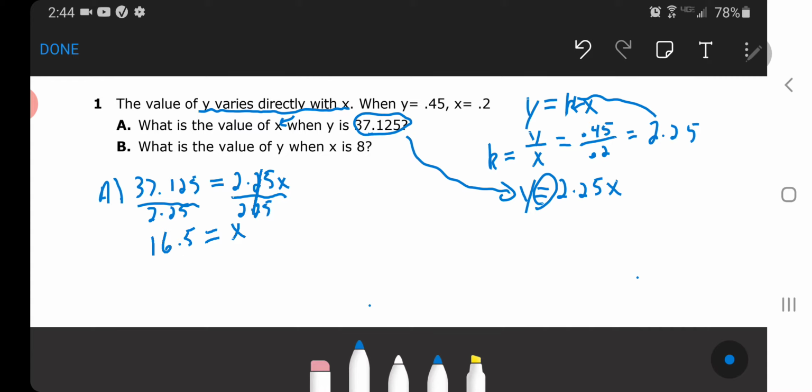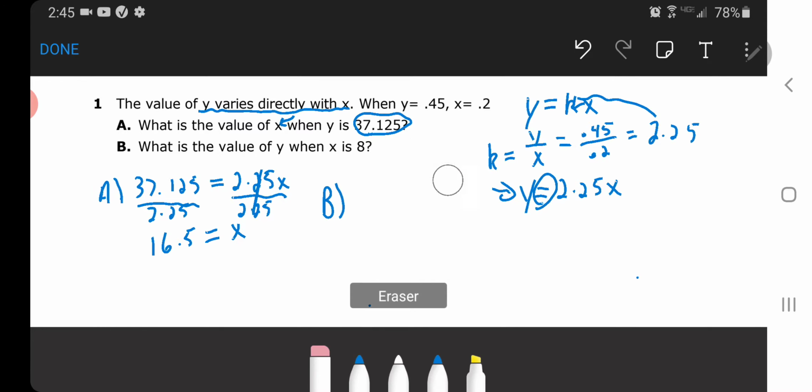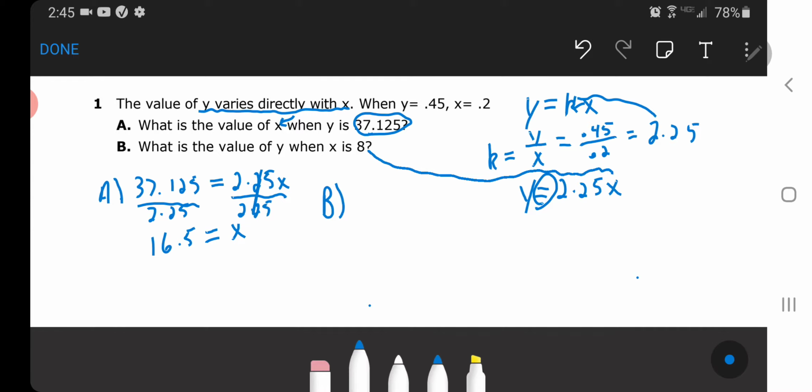All right, B is a little bit easier. Let me write B here. This one asks, what is the value of y when x is 8? Well, like I said, a lot easier because it gives us the x value. So now we're just going to plug in the x right here and find out what y is.